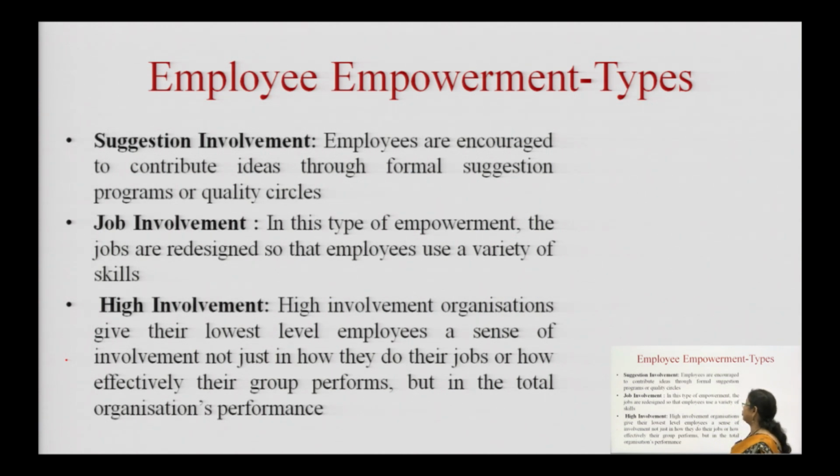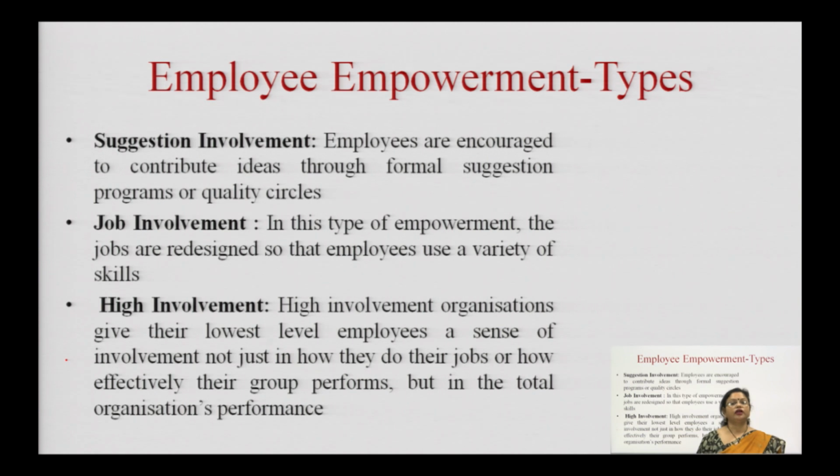Second is job involvement. In this type of empowerment, jobs are redesigned so that employees use a variety of skills. You have a job for an employee, but in that job he is supposed to do only a few things. We can take the example of a time management officer. His job is only to see at which time the employee comes to the organization and at which time he leaves, but you can redesign that job.